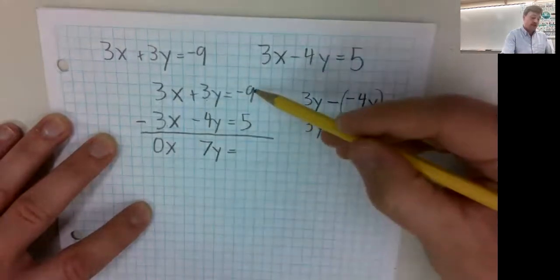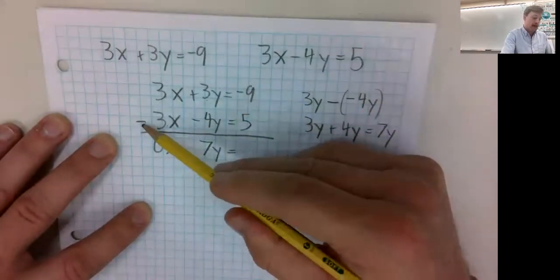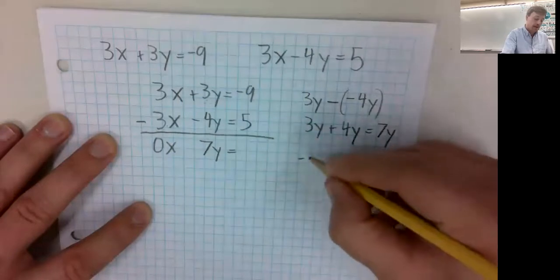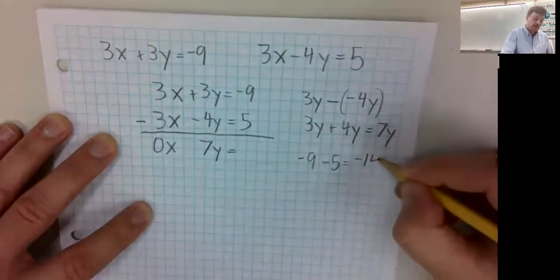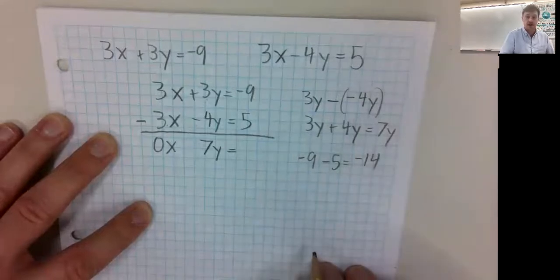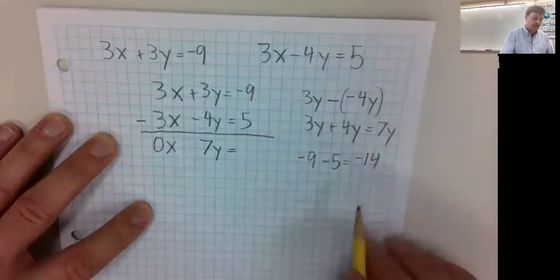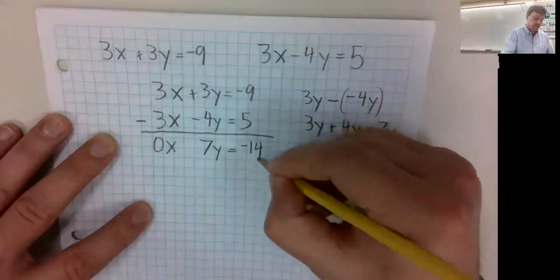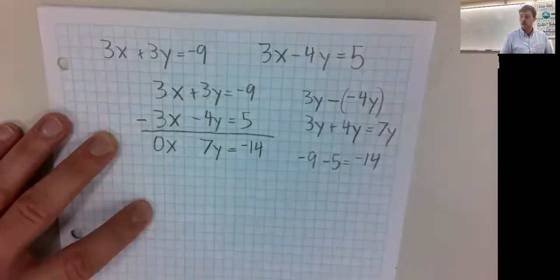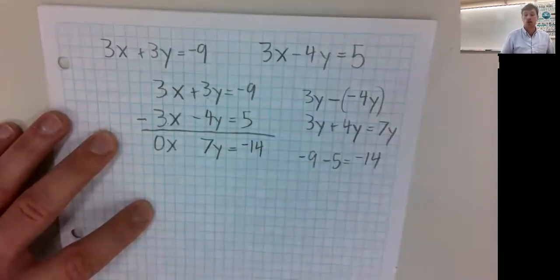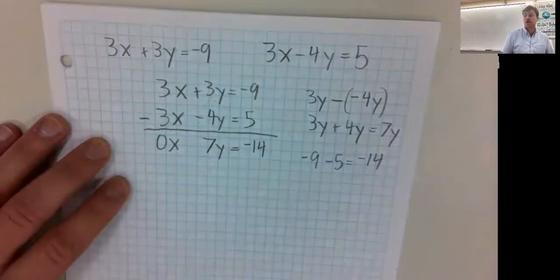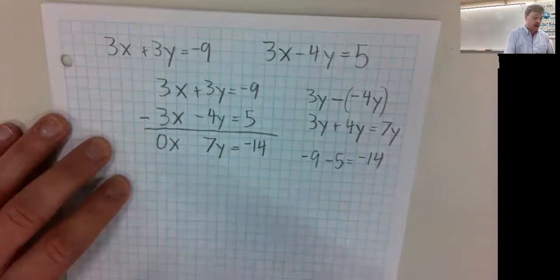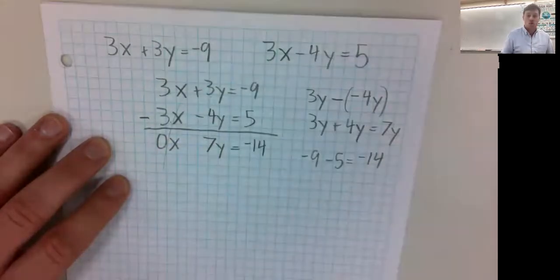And then my last term, a negative 9 minus 5. Well, that's just going to give me negative 14. My signs are the same, so I find the sum, and I got more negatives than positives. Cool. So that was step number 2, where we have added or subtracted the equations so that one variable drops out. This x drops out. We're done with it.